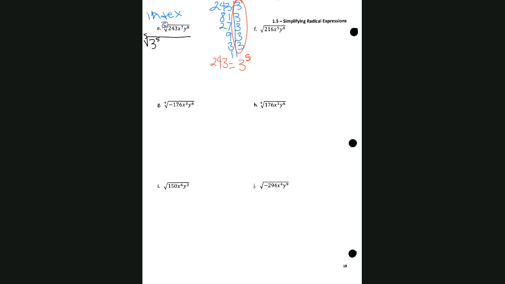Now let's see what we're going to do with the variables. So for the variable to the 7th power, I want to separate. Here we know we have x multiplied by itself 7 times.